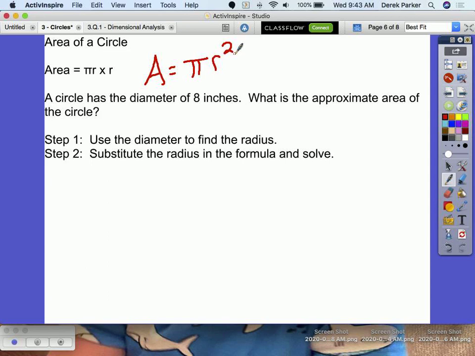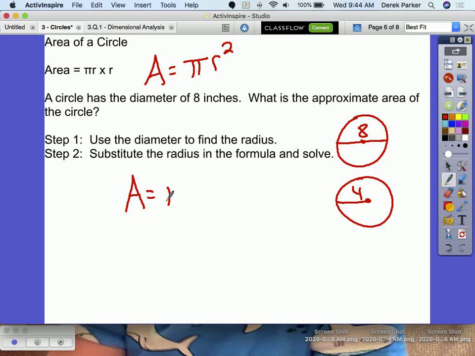Okay? A circle has a diameter of 8 inches. What is the approximate area of the circle? Now, again, the diameter is 8, not the radius, so I can't use 8 here. If the diameter is 8, that means the radius is 4, because half of 8 is 4. So now I plug that in.